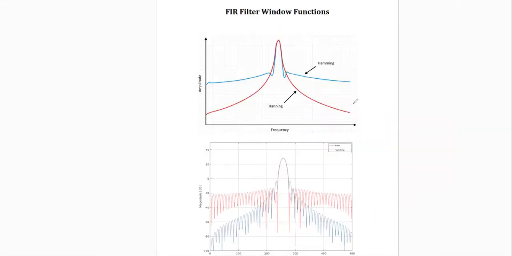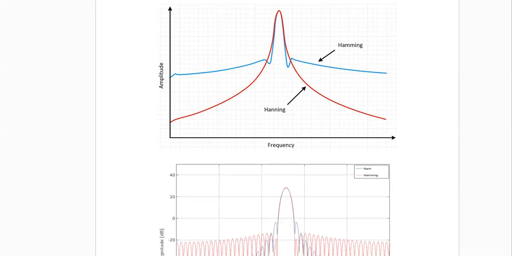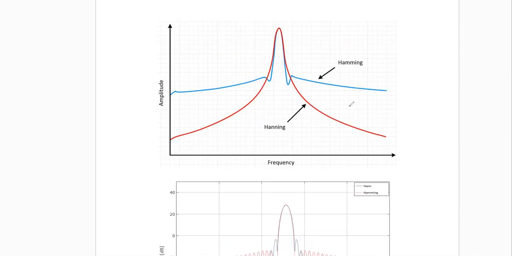Let me give you some example. This is the Hanning window pattern, the red one, and this is the Hamming window pattern. So this is Hanning and this is Hamming. Practically, how do they look if you want to plot it? Is this in the time domain or in the frequency domain? Frequency domain.